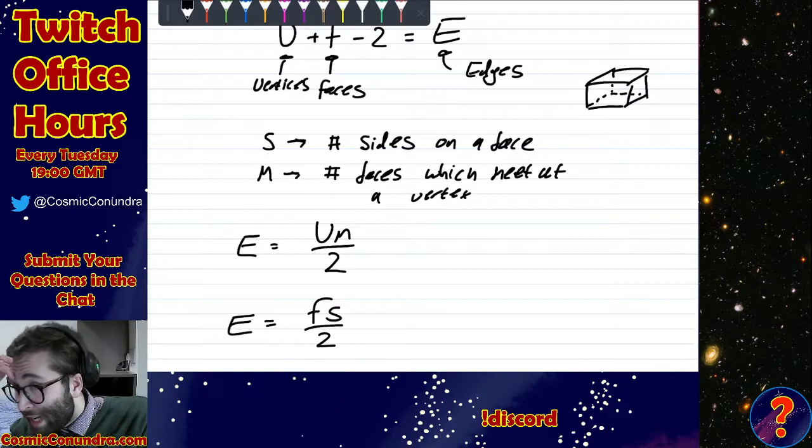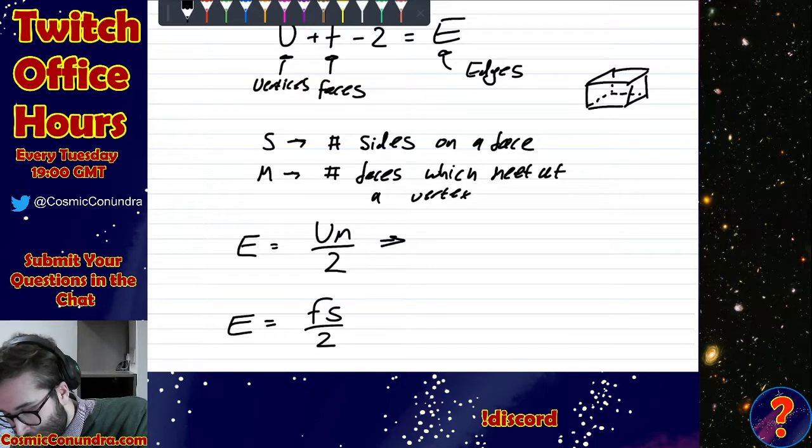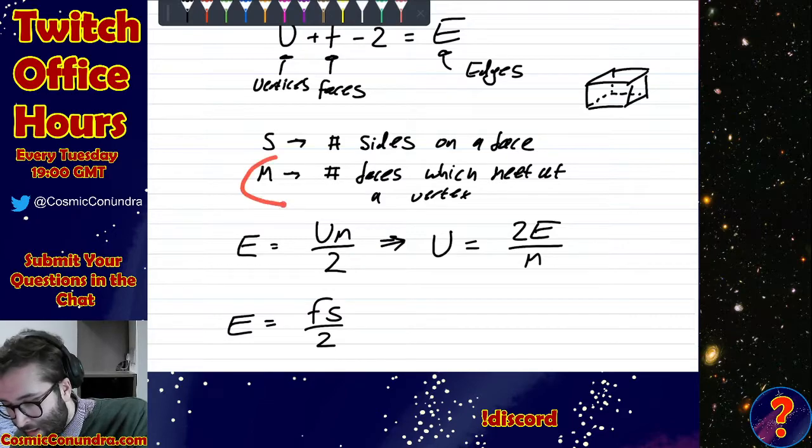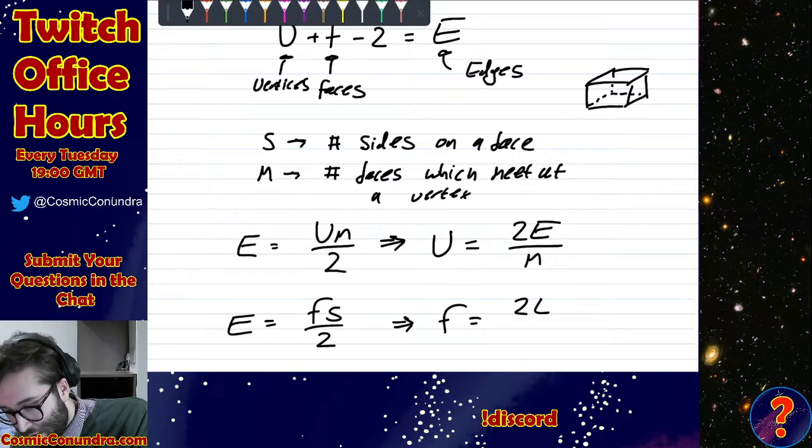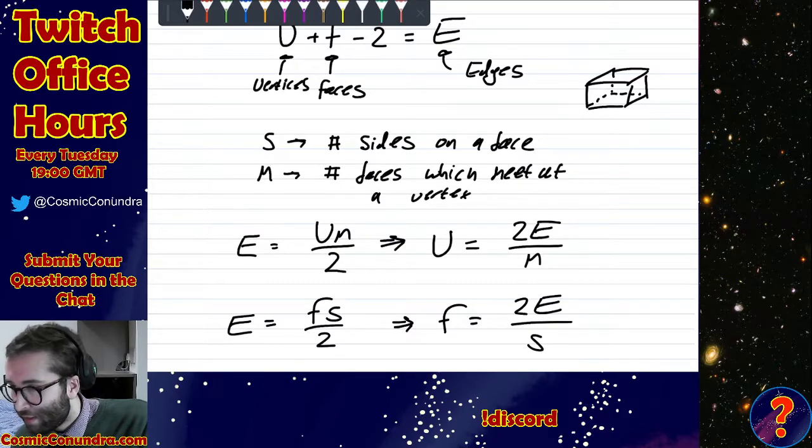And these 2 formulae here we can rearrange. So I can now find the number of vertices in terms of the edges and the number of faces that meet at a vertex. And likewise, I can find the number of faces in terms of the total number of edges and the number of sides each face has.